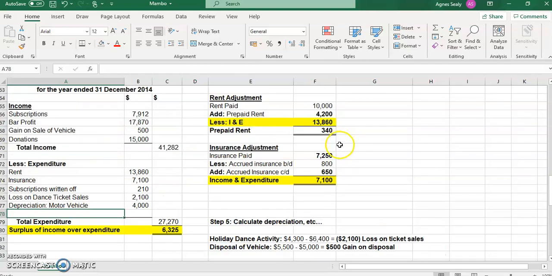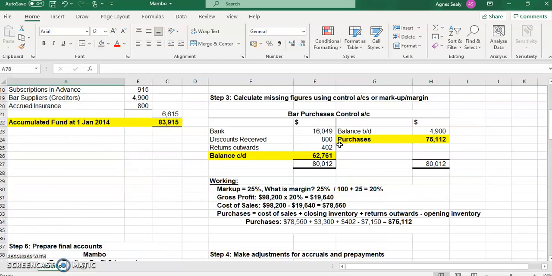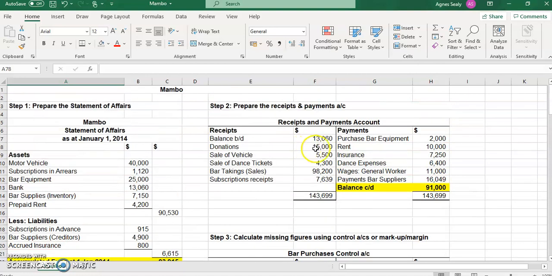And then what I do is go back to my receipts and payment account. Now remember, we had to prepare this, so this is why I can go back to it here. But sometimes the examiner, as I told you, would have given it to you already prepared, so you can just look back at your exam paper and see what other monies you received, whatever payments were made.